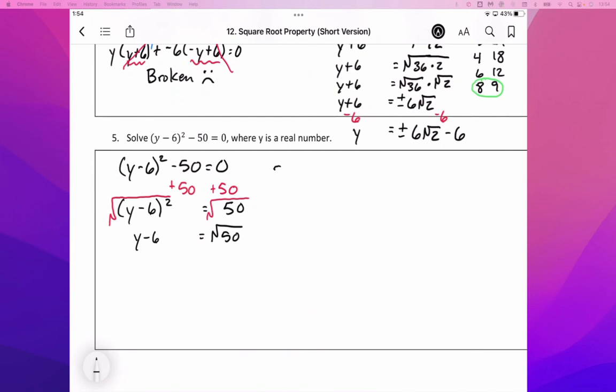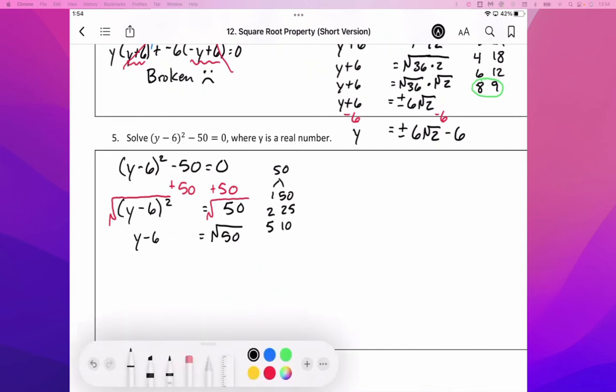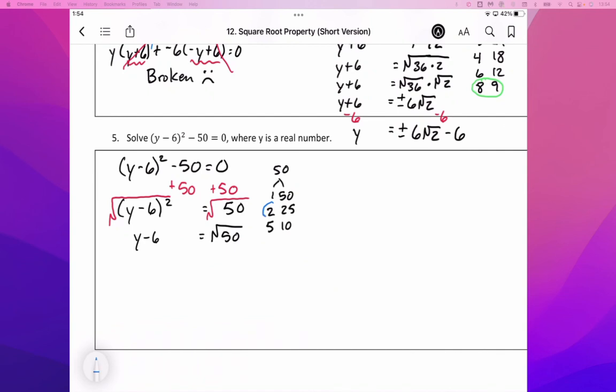So again, we need to take 50, break it into its factors, and see if there are any perfect squares in there. There is a perfect square in this pair, which is 25. So we will have y minus 6 equals the square root of 25 times 2.